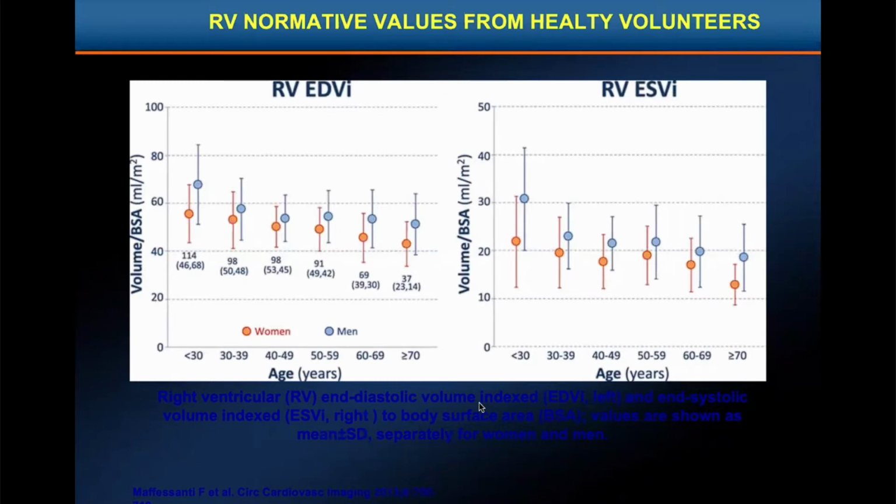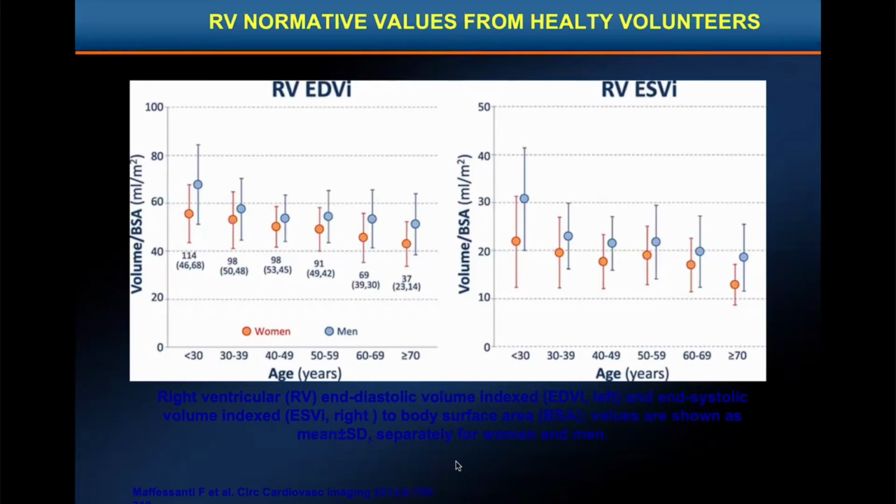Right ventricle normative values for healthy volunteers. There are differences between groups, like for men and for women, and different ages. We could also analyze the end diastolic and end systolic volume index, which is the better parameter when correlated with the body surface area.